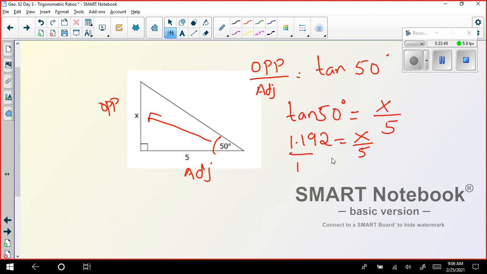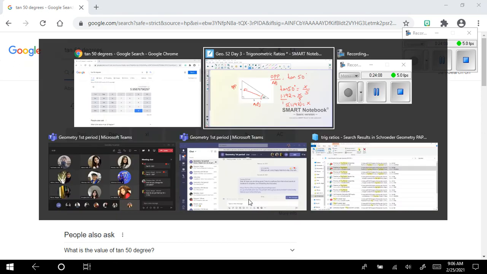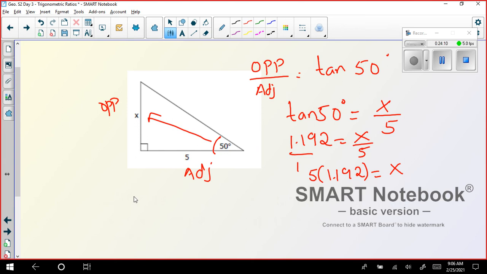So you cross multiply, you'll get 5 times 1.192 equals x. So once again, use your calculator, multiply 1.192 with 5, which will give us 5.959. So x will be 5.959.